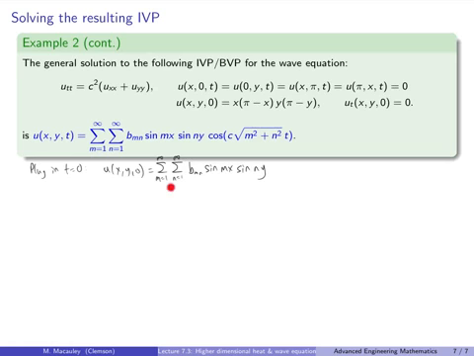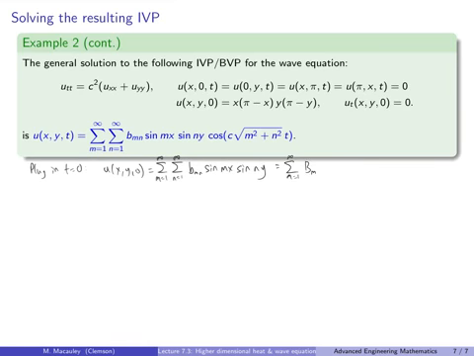Now, what is this? I claim that this thing here we can write as a product of Fourier series. So say m equals 1 up to infinity of, now what do I want to call my coefficients? How about this one?